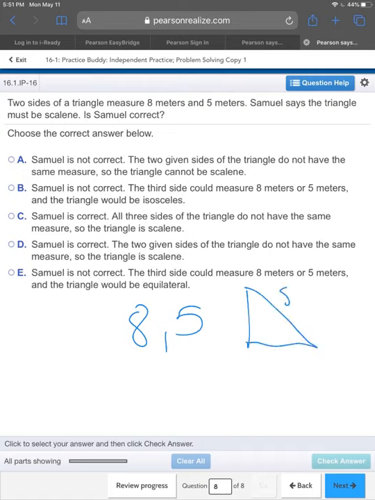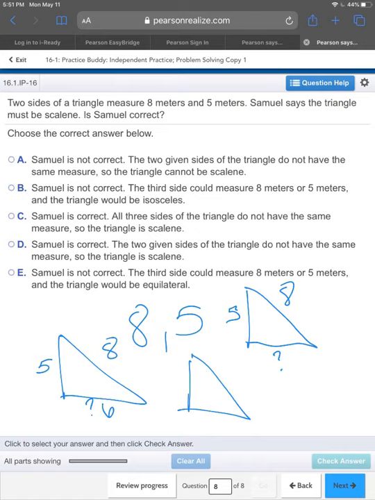If this is 8 and this is 5, could the third side be 5? Possibly. If this is 8 and this is 5, could it be a different number? Let's say, could this be 6? Think about this one.